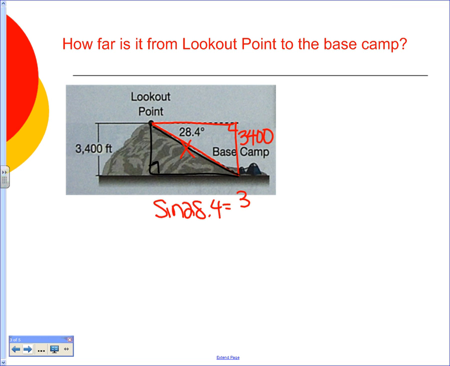Yeah, if you use the black triangle, you would have to have a different angle, and you'd use cosine. Do y'all see how that works? Now what? Right?